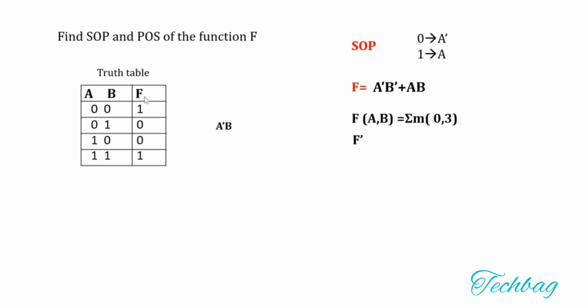In these input combinations, the value of f is 0. So the corresponding min terms are a complement b, and here a b complement, since a value is 1 and b value is 0. So now we have the product terms. Next you have to take a logical sum of these product terms. So f complement is equal to a complement b or a b complement.